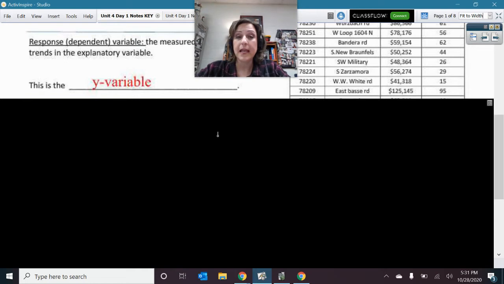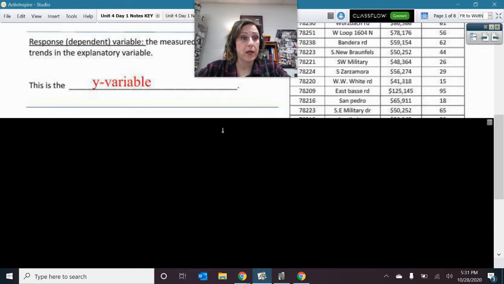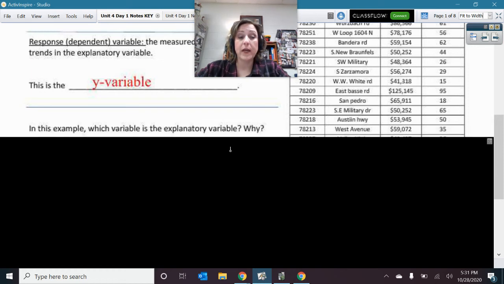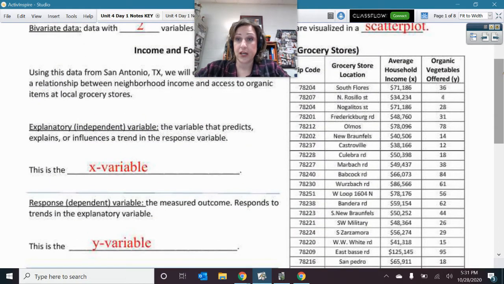So in our problem here with the grocery store, what do you think we are referencing as the explanatory variable, and why? So here we have our data.